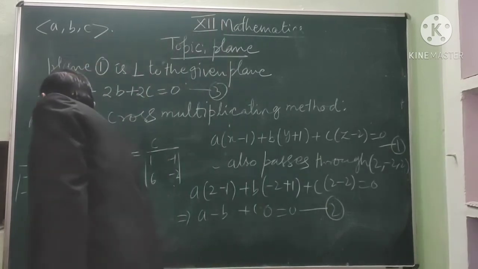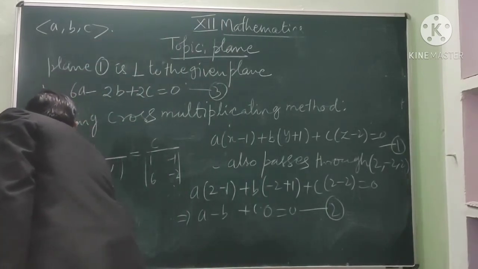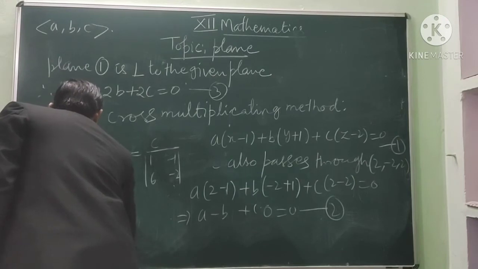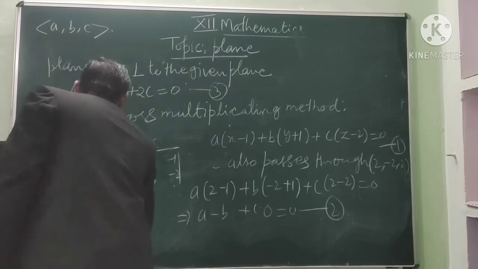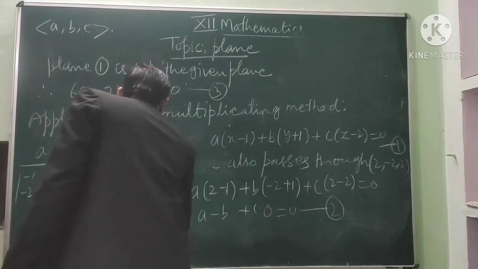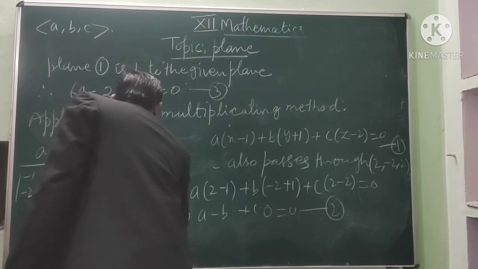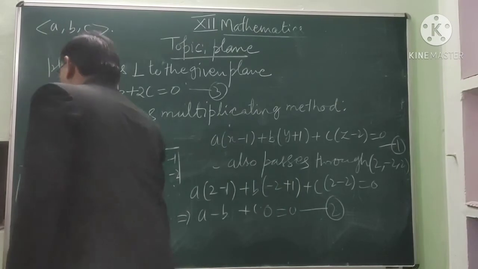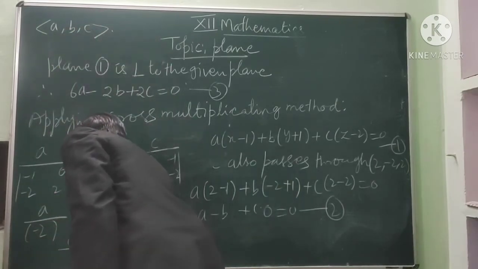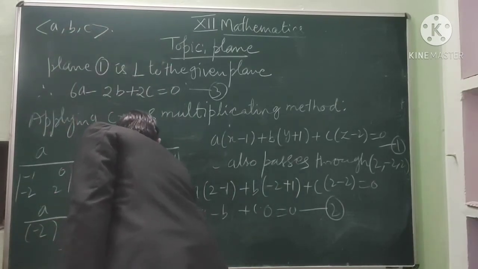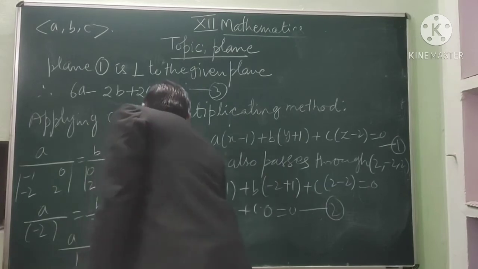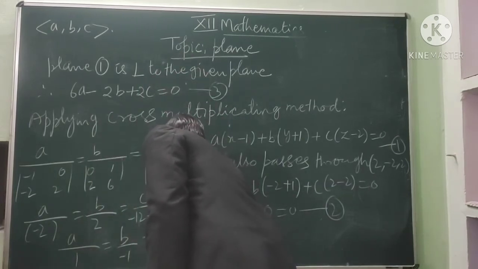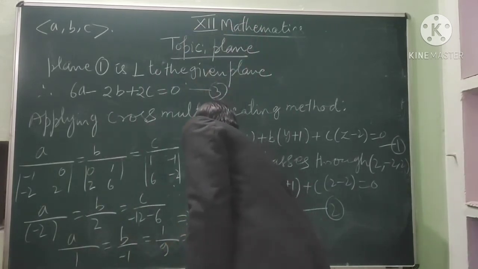Then it is a upon -2, b upon 2, and c upon -12 - 6. Then it is cancelled by -2. So a upon 1, b upon -1, and c upon 18, so it is 9. Let it be some constant k.